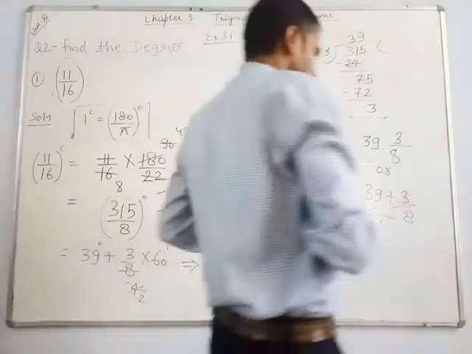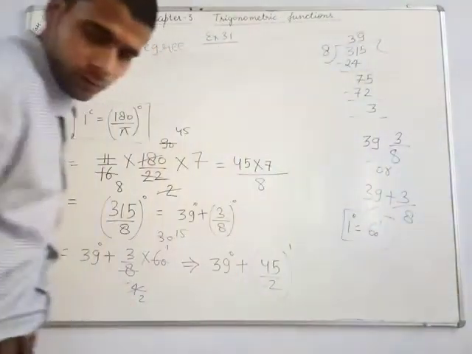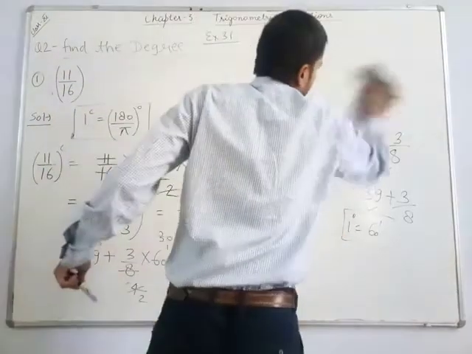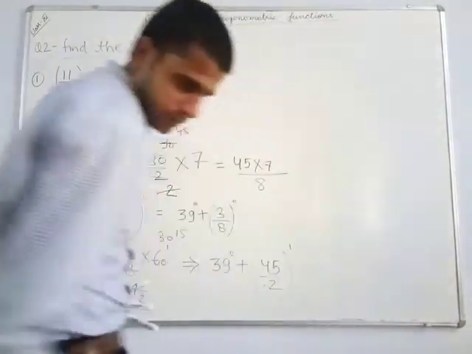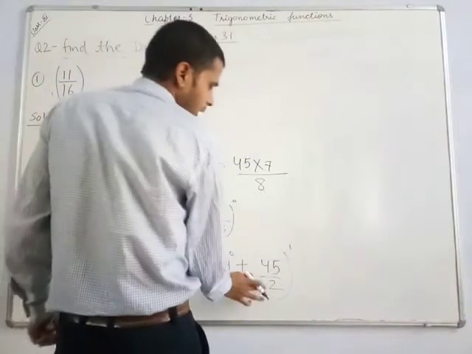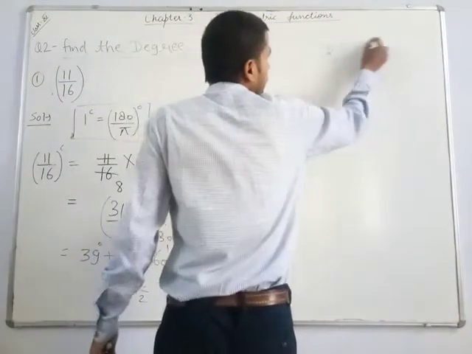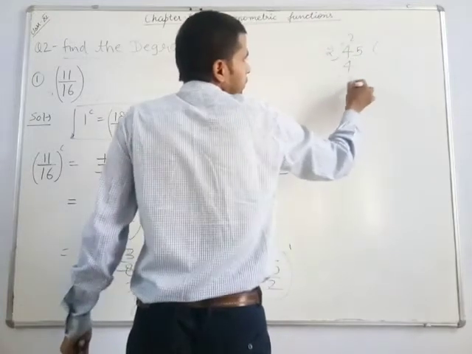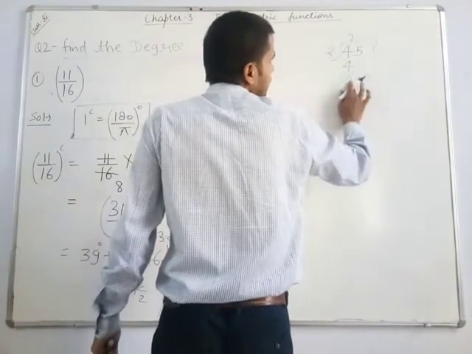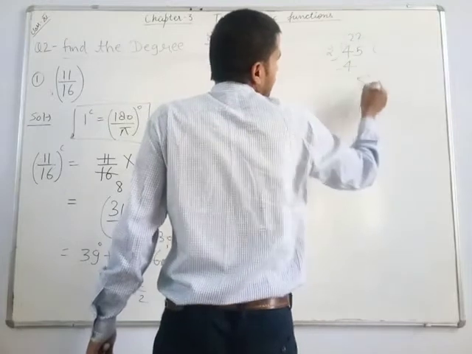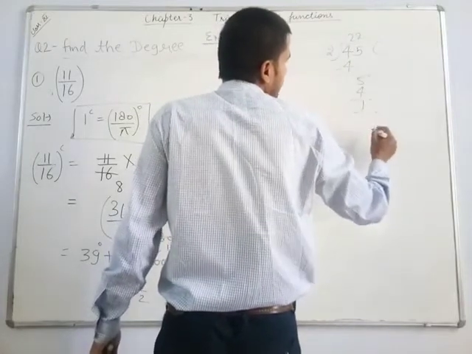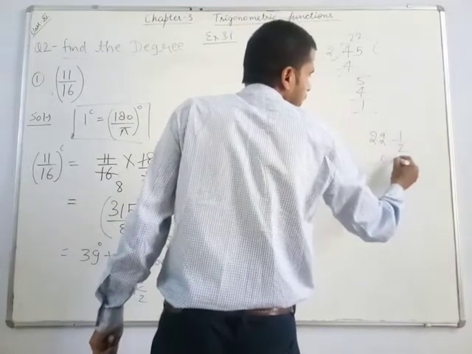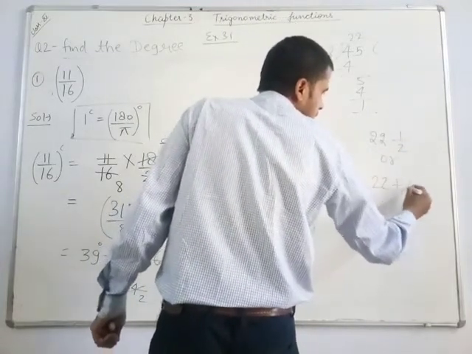Okay, then this 45 upon 2, you have to write 22, remainder 1, so 22 and 1 upon 2, or 22 plus 1 upon 2.